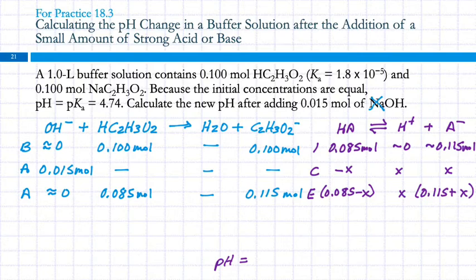So we've got pKa is 4.74 plus the log of the base concentration over the acid concentration. .87.